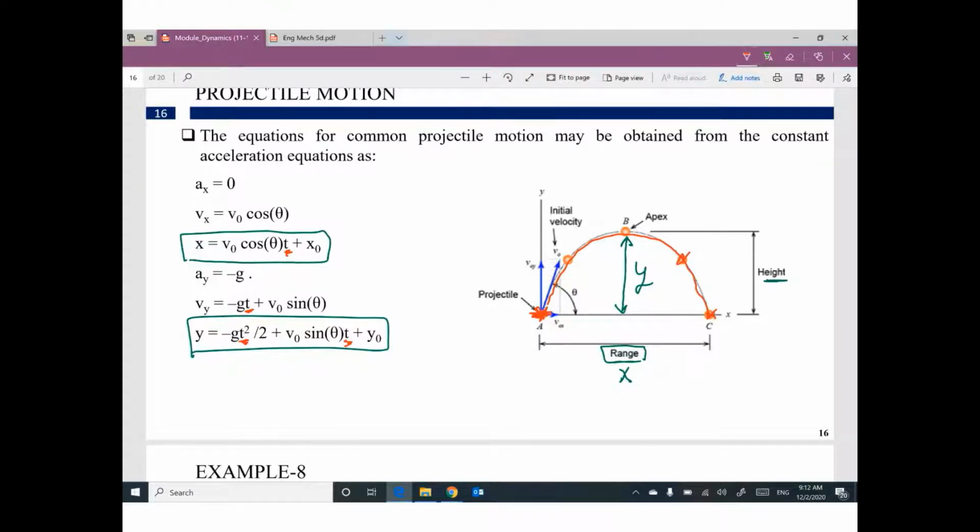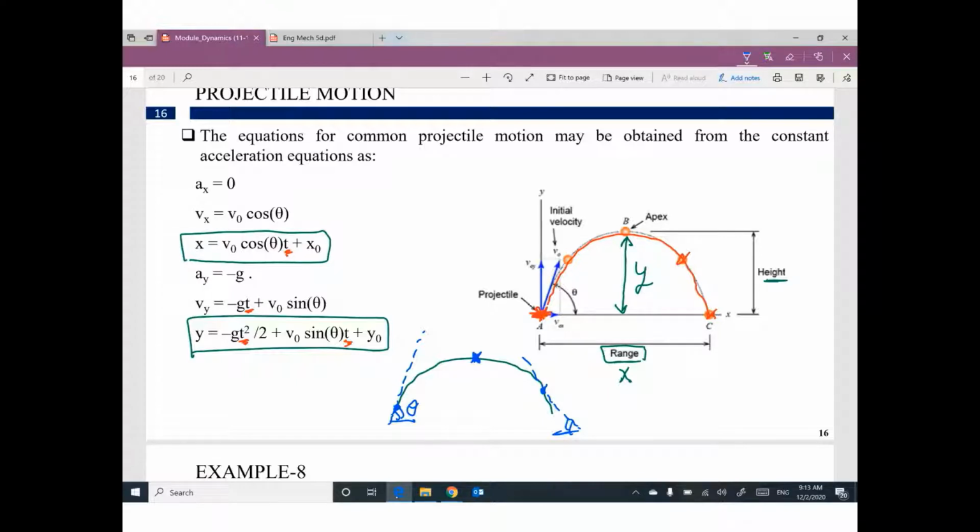And we learned last meeting that any parabola has a sloped tangent. At this point, we have a tangent. This tangent is inclined with angle theta. At this location, we have a tangent. This tangent is inclined with an angle. But we have a point, which is the highest point of the parabola.